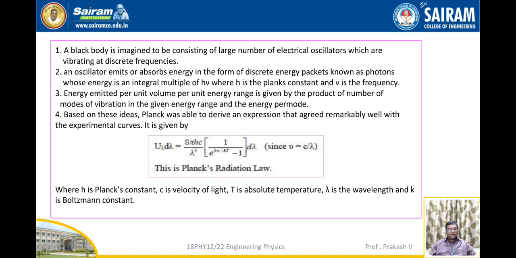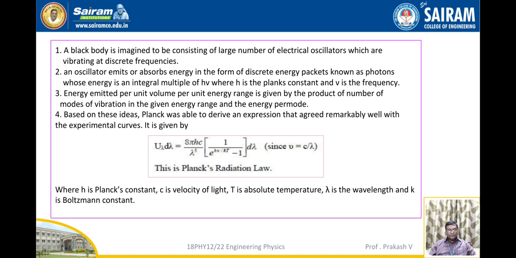The third point is that the energy emitted per unit volume per unit energy range is given by the product of the number of modes of vibration in the given energy range and the energy per mode. The fourth one is, based on these ideas, Planck was able to derive an expression that agreed remarkably well with the experimental curves.